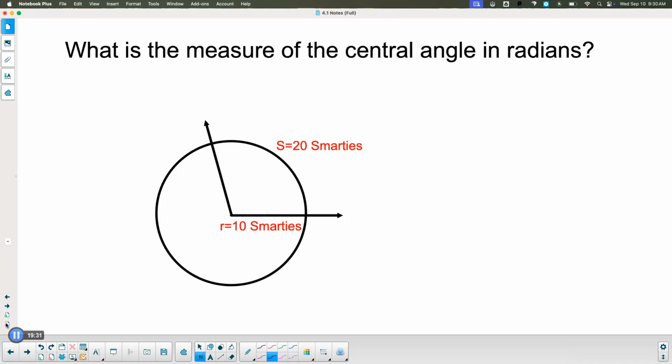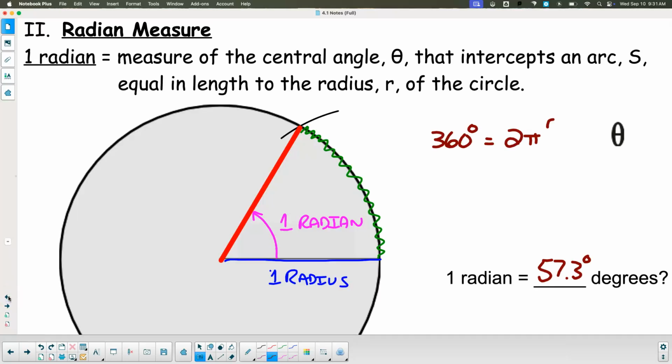So, what is the measure if that's the case? Let me go back to this slide here. If the green squiggly distance is the same as the blue and red distances, because those are both radii of the circle, then green is equal to blue is equal to red.